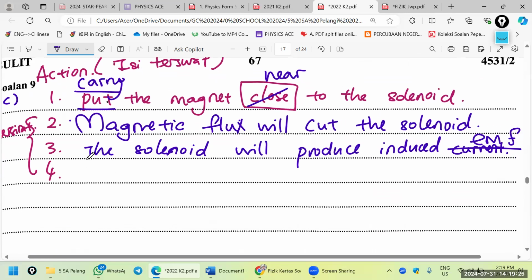All right, so now last we can say, this obeys what law? Lenz's law, correct? Yes, it's Lenz's law. If you spell wrongly, sorry, no marks.